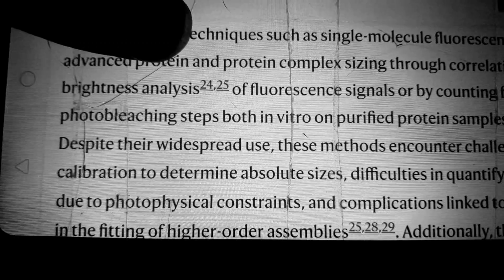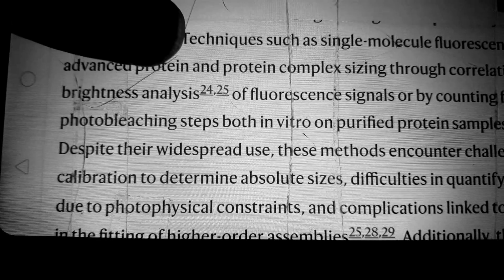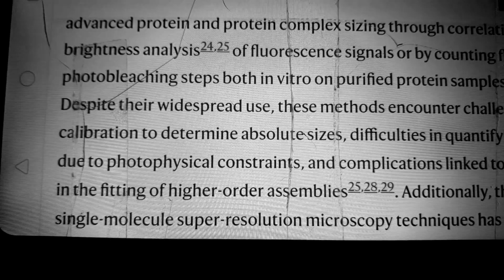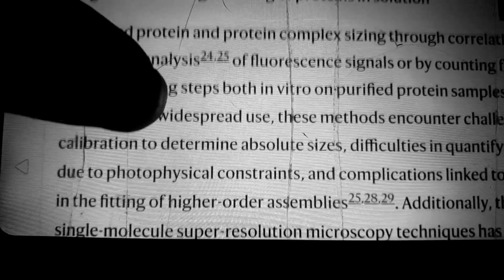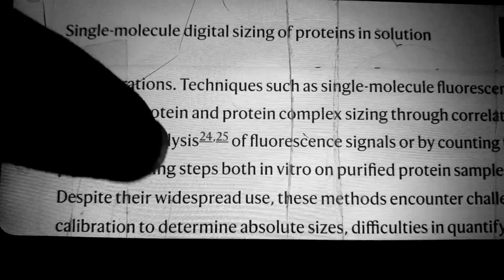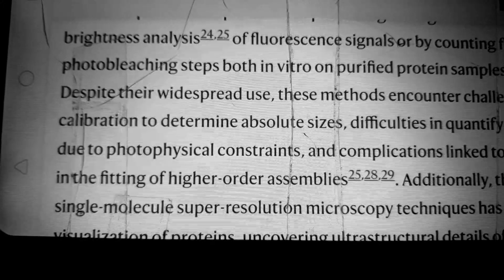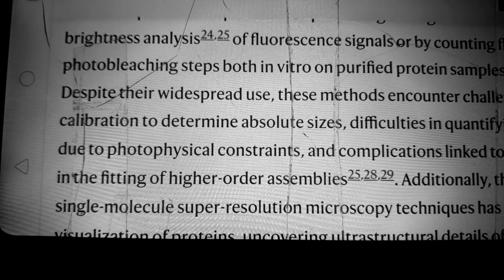Techniques such as single molecule fluorescence spectroscopy have advanced protein and protein complex sizing through correlation and brightness analysis, and by counting photobleaching steps of fluorescent signals, both in vitro on purified protein samples and in live cells.